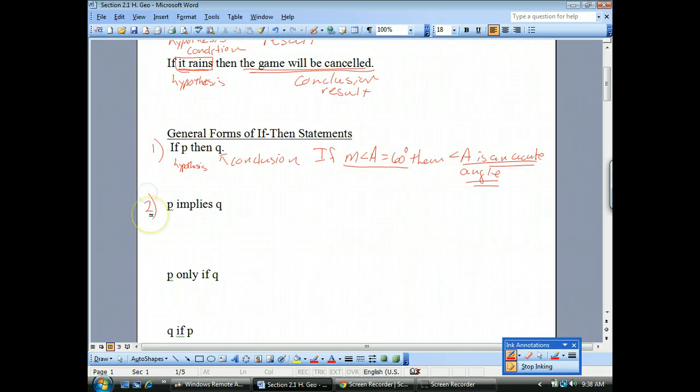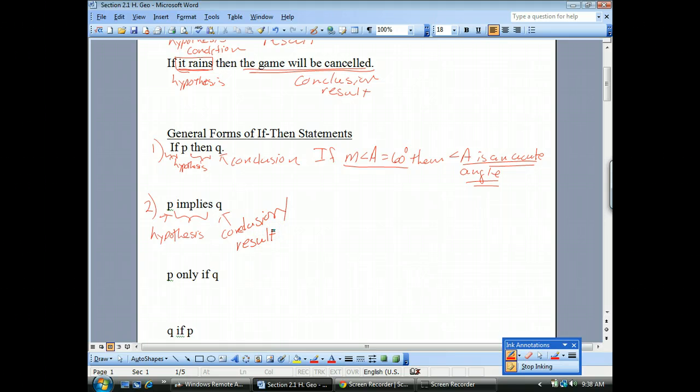Then the second one, the key word is implies. The key words in the first one are if, then. In the second, the key word is implies. In front of implies is our hypothesis, and after the implies is our conclusion or result.